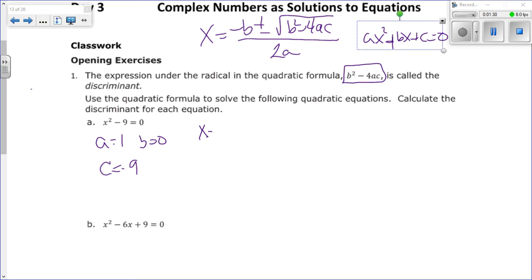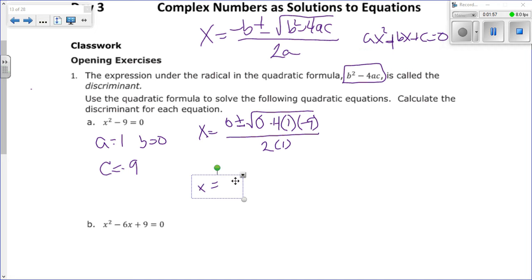So when I substitute in to the formula, I will get negative b, which is 0, plus or minus the square root of b squared, which is 0, minus 4 times a is 1, and c is negative 9, all over 2 times 1.